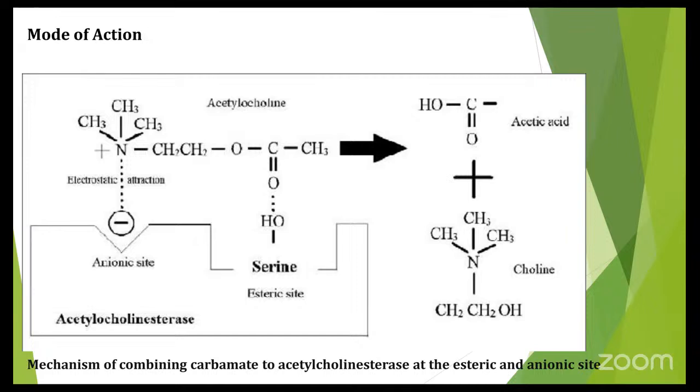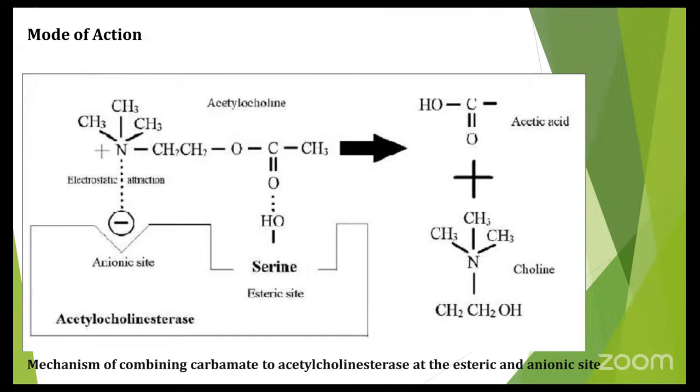However, in most cases, the reaction proceeds to step 2, where the complex decomposes into a stable carbamylated enzyme and a leaving group. Finally, the carbamylated enzyme is hydrolyzed to generate the free enzyme and methyl carbamic acid. Steps 2 and 3 are much slower with carbamates than with acetylcholine but are faster than with organophosphorus. The carbamate reacts with a serine hydroxyl group within the enzyme site.